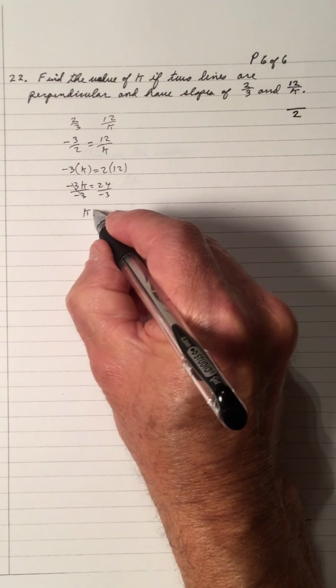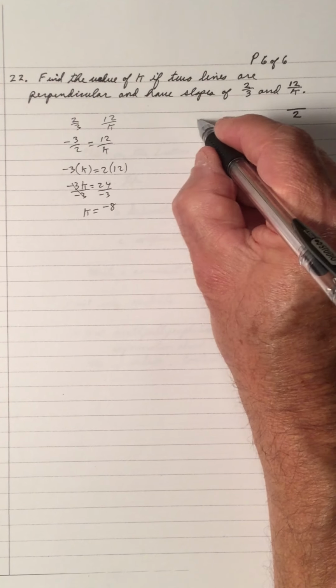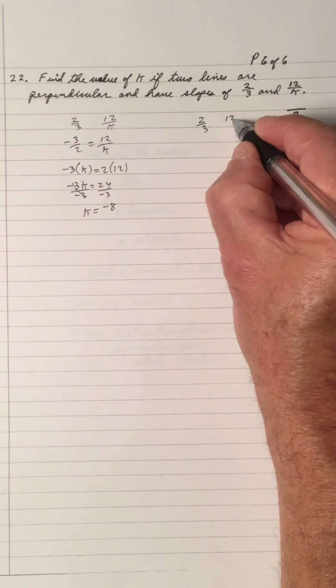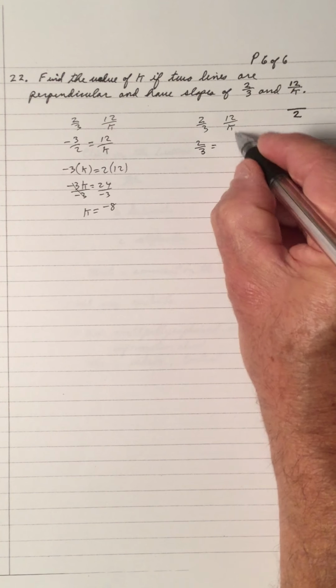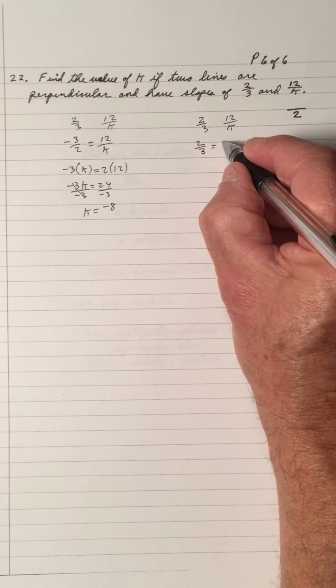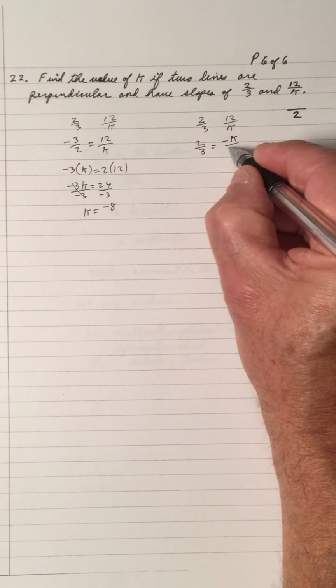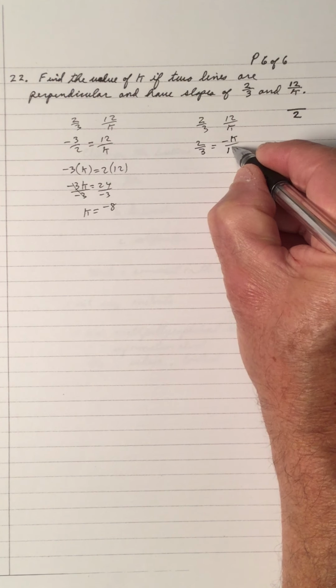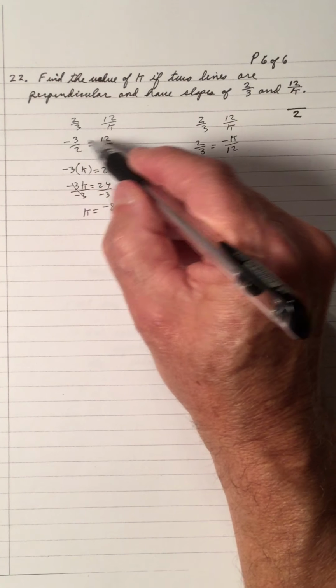-3k is 24. Divide by -3. So k is -8. Or if I take the 2/3 and k over 12, I can go 2/3 equals the negative reciprocal of 12 over k. So over here I did the negative reciprocal of 2/3 and worked it out.